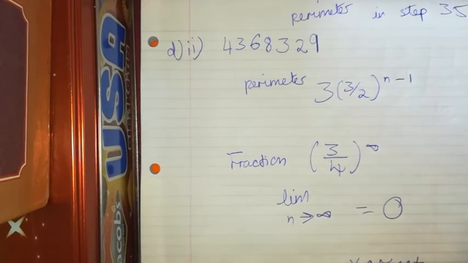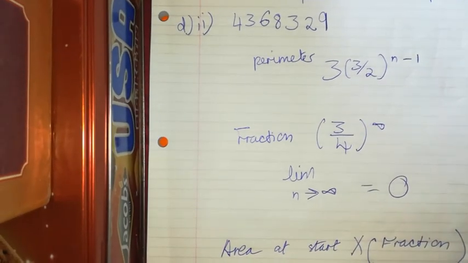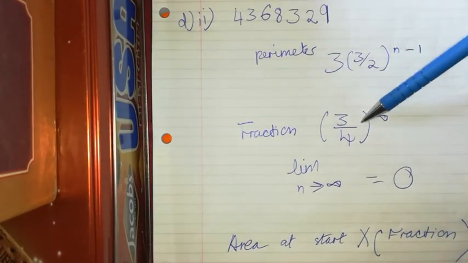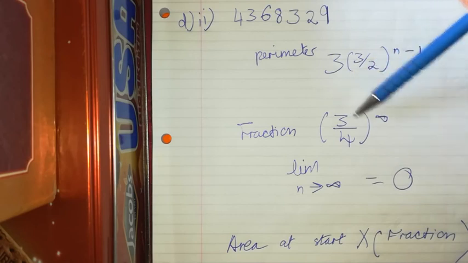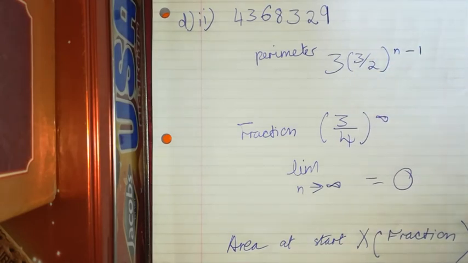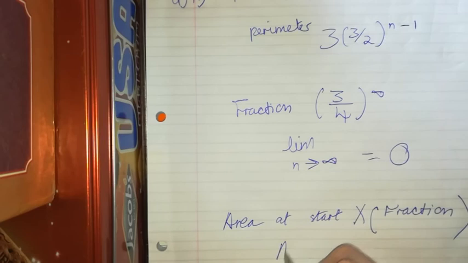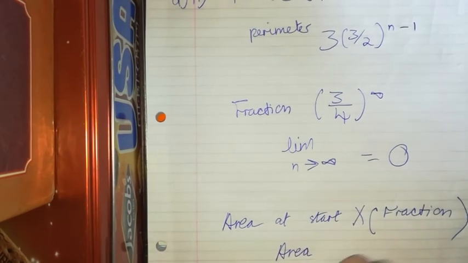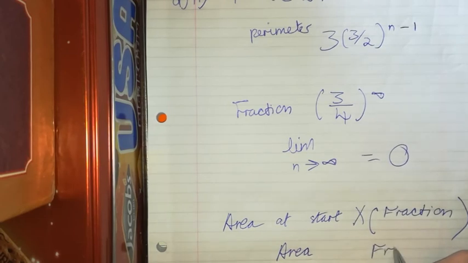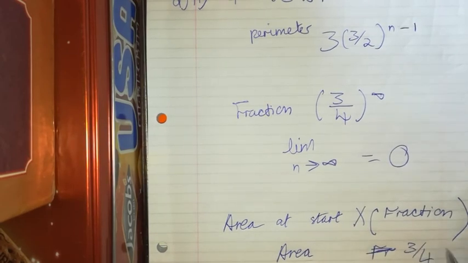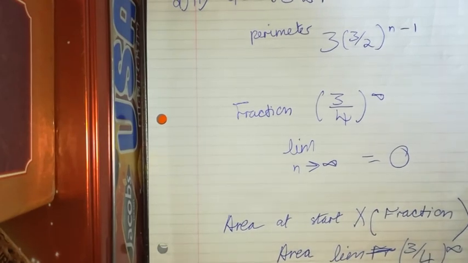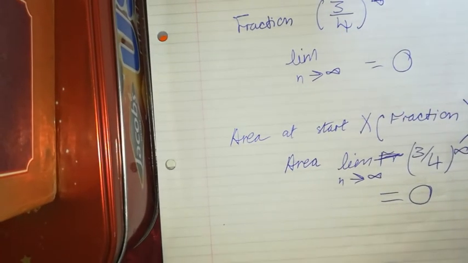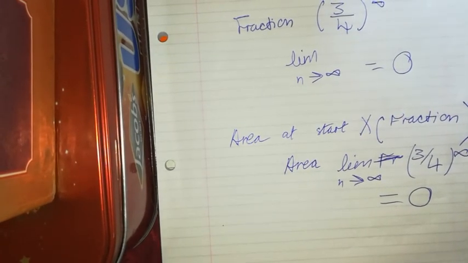As the fraction of black triangles is 3 over 4 to the power of n, the limit of this as n tends towards infinity is 0. So the area must tend towards 0 as well.